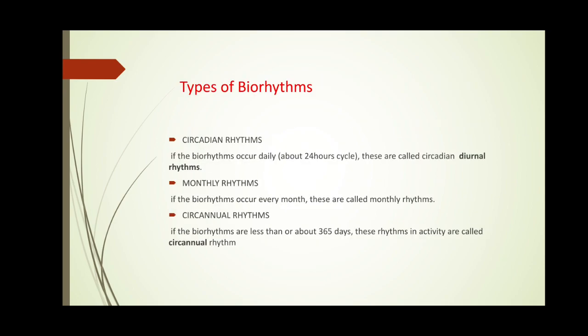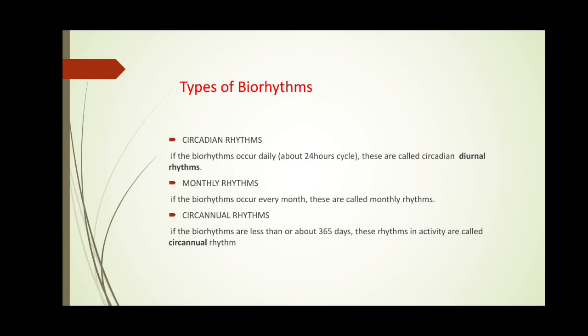Now, if we talk about the biological clocks, which are also known as biorhythms, there are three different types of these biological clocks. In living things, the behavioral activities occur at regular intervals. These intervals can be 24 hours, more than 24 hours, they can occur after a month, or they can also occur after a year.